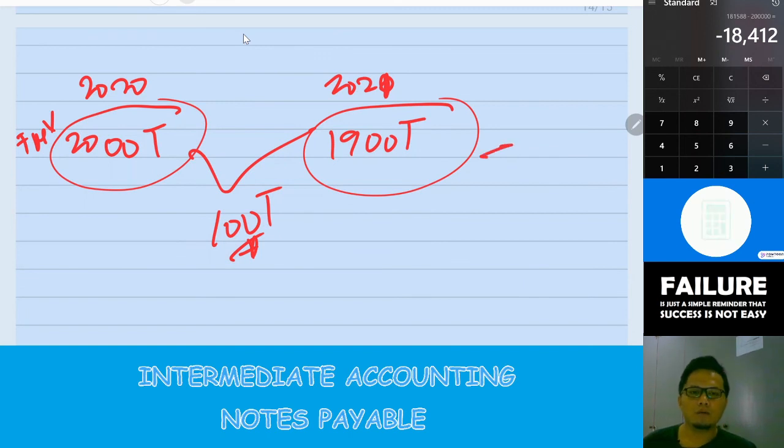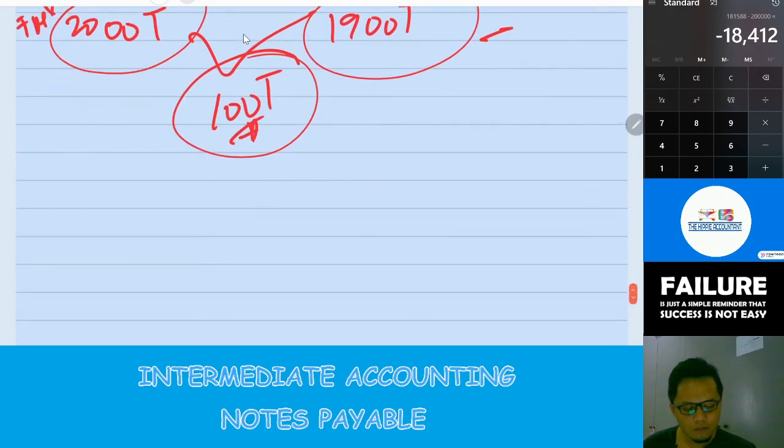We need to convert the balance of the note payable to 1.9 kasi nga, we choose to present our note payable at fair value through profit or loss. So, recognize the 100,000.